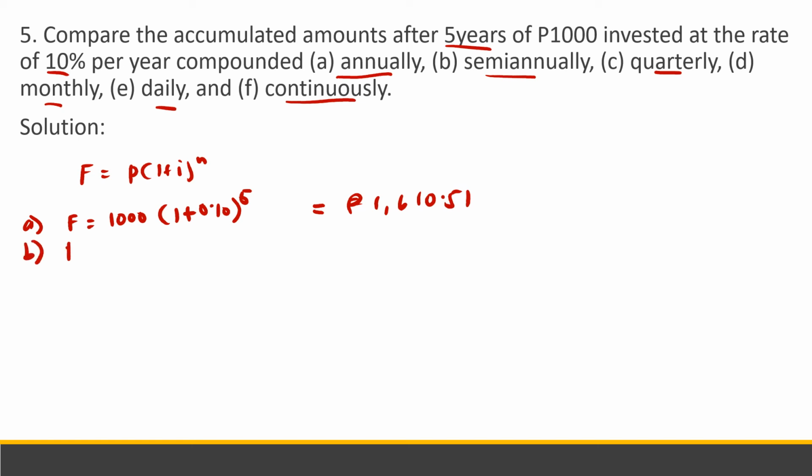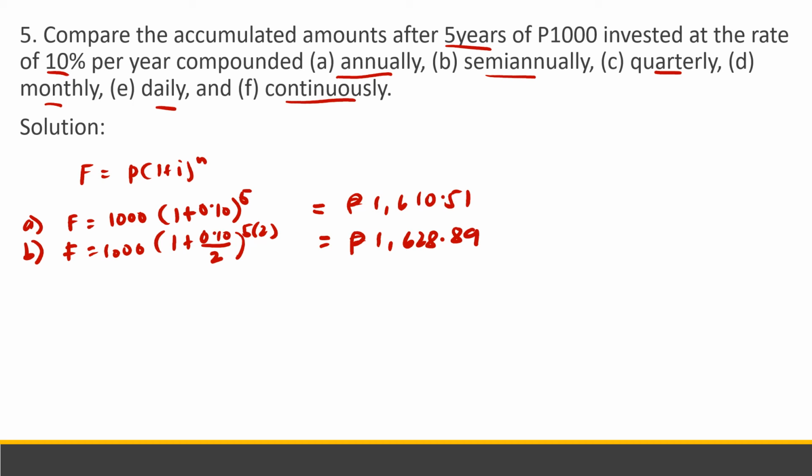So B is semi-annually. So 1,000 times 1 plus 0.10 over 2. Semi-annually is two compoundings in one year. So for 5 years times 2. So this is equal to 1,628.89 pesos. So the amount increased a bit.